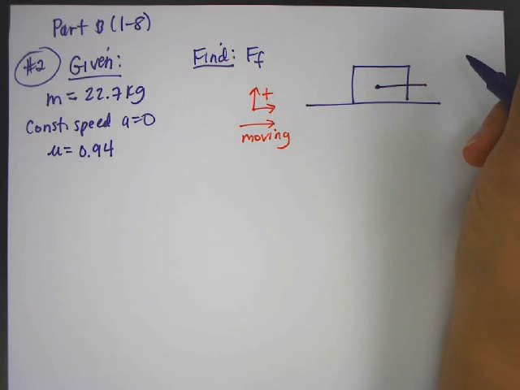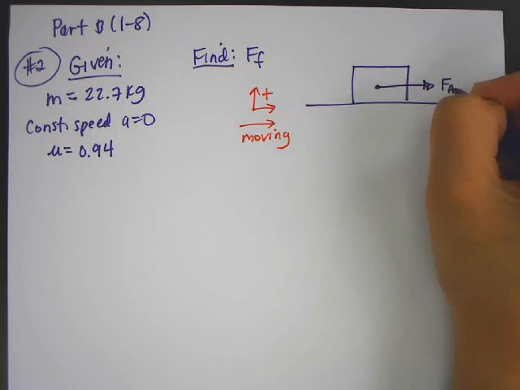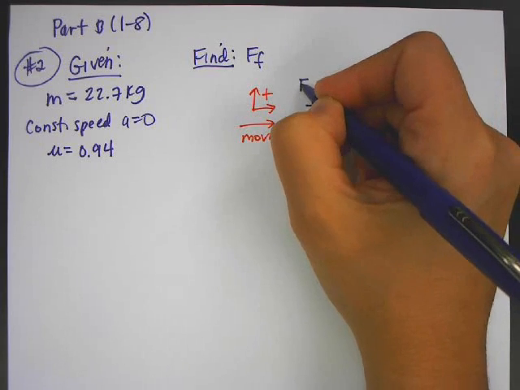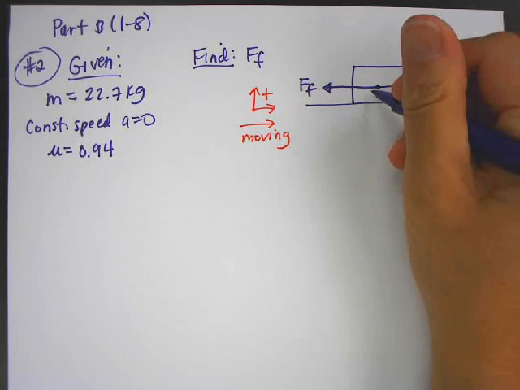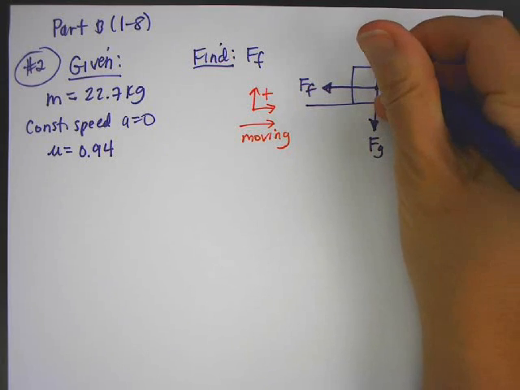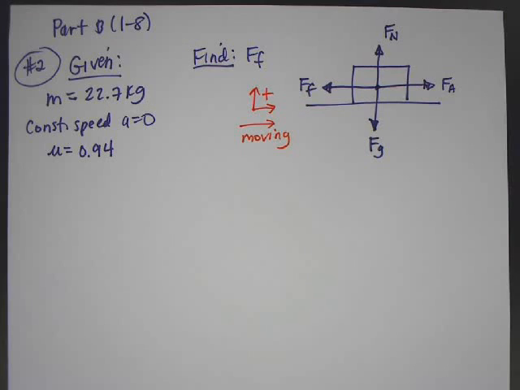Did they tell us what that force is? No, but we don't need to find that. So this is Fa. The frictional force always acts in the direction opposite the motion. The force of weight always acts down. And the normal force always acts perpendicular to the surfaces in contact. So this is my free body diagram.